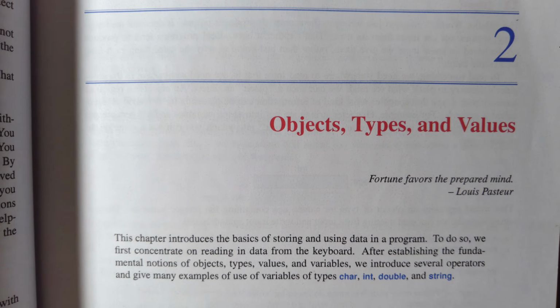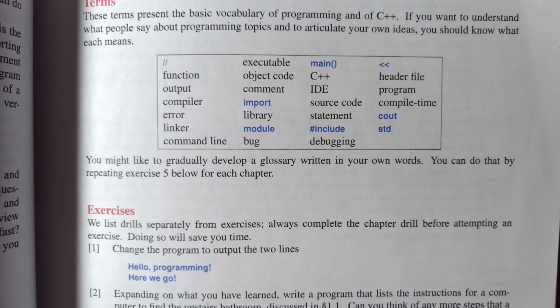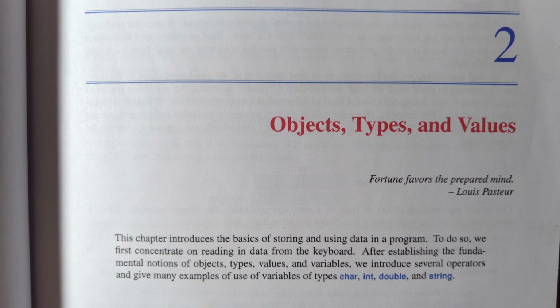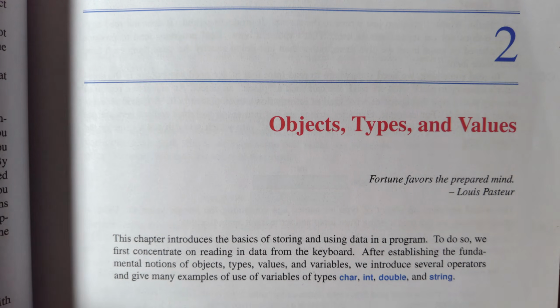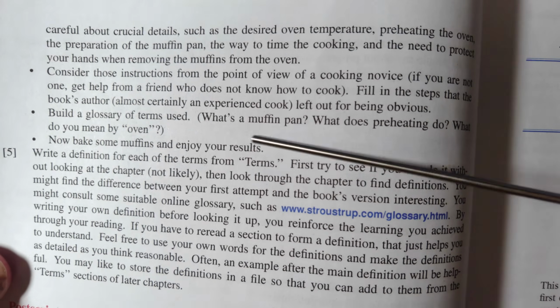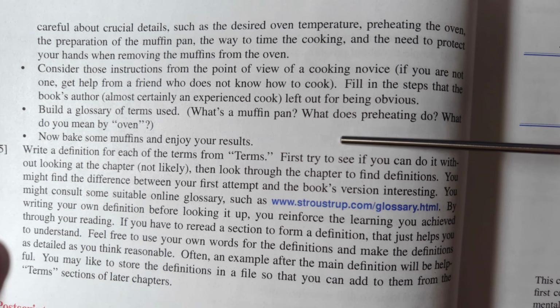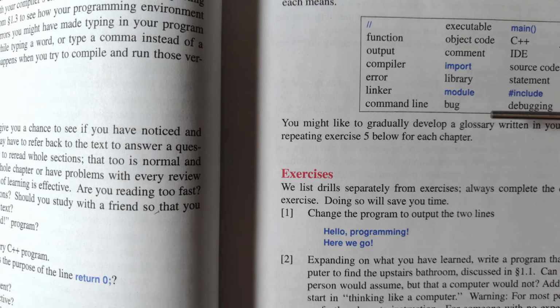And with the exercise being so similar to exercise 2 that we spent way too much time on, I'm going to call that done on the exercises for chapter 1, because exercise 5 is to write a definition for each of the terms from the term section, and, well, we already did that in the previous video.